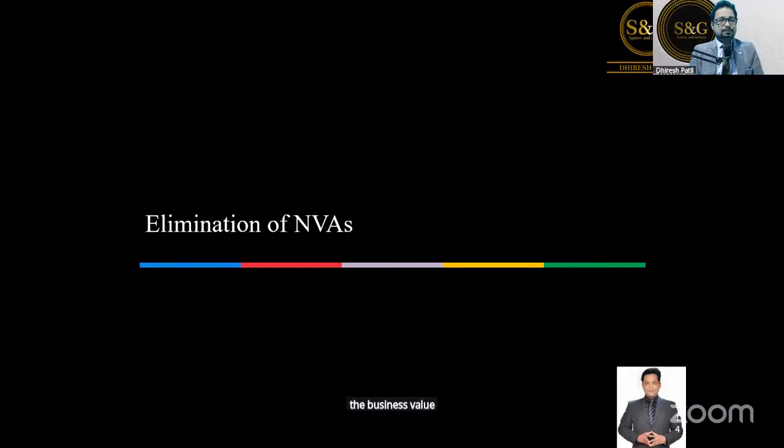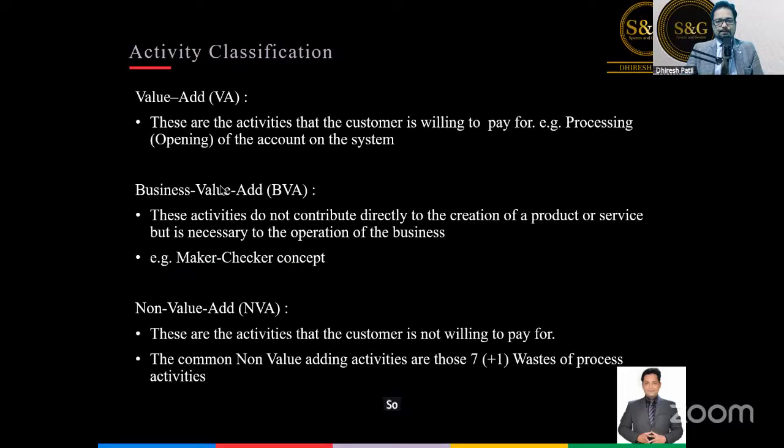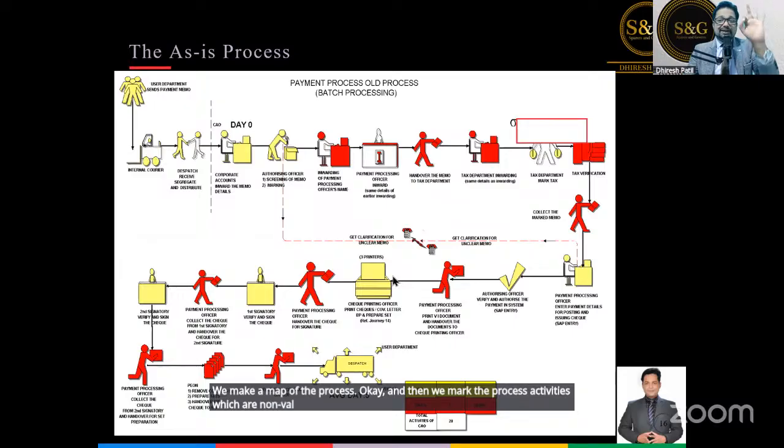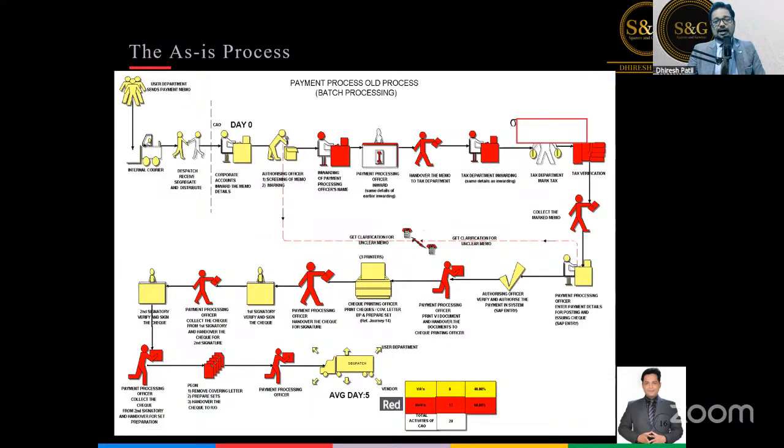Clear? Okay. So now let's understand this. How do we do that? First, we make a map of the entire process. And then we mark the process activities which are non-value added with red color, like transportation, inventory, motion, waiting.